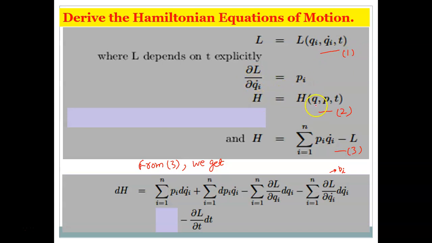And H equal to H of qi, pi and t. These are in fact the Hamiltonian variables.